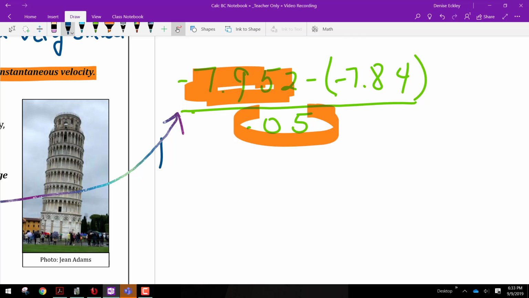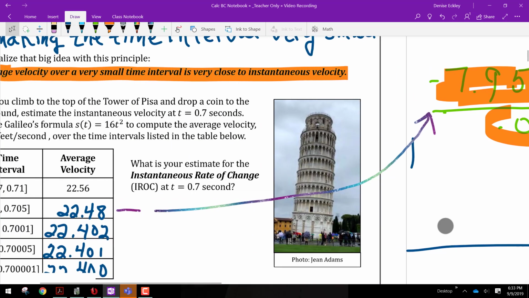And I did that for each one of them to get these values in the table here.